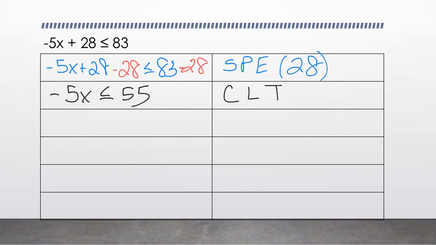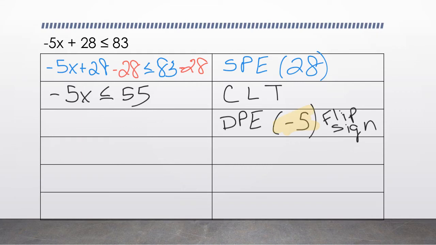The next thing I'm going to do is use my division property of equality and divide by -5. I need to flip my sign because I'm dividing by -5.